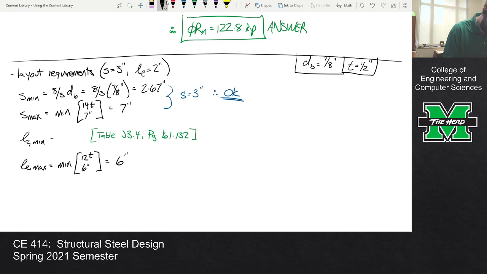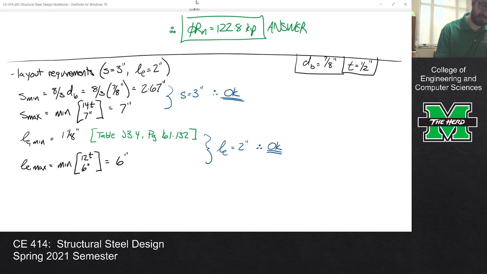And so this is 1 1/8. Comparing these two, the edge distance is 2 inches. So that's okay. So we know the connection meets layout requirements, and we know its capacity. Boom.